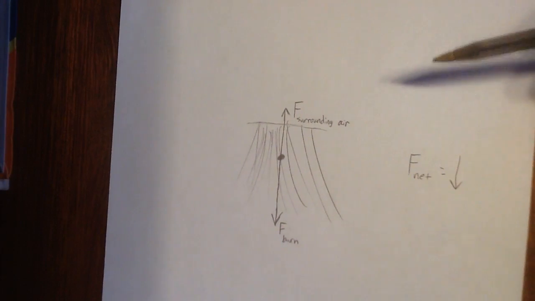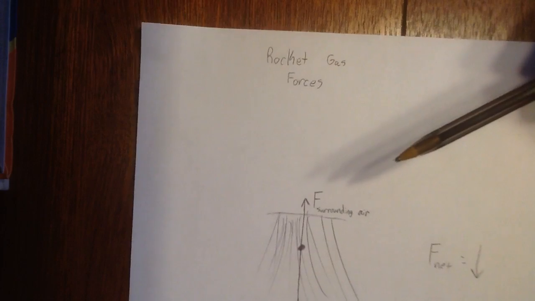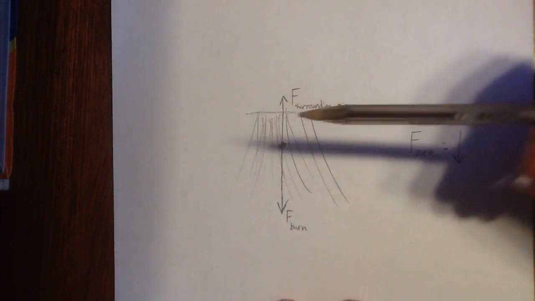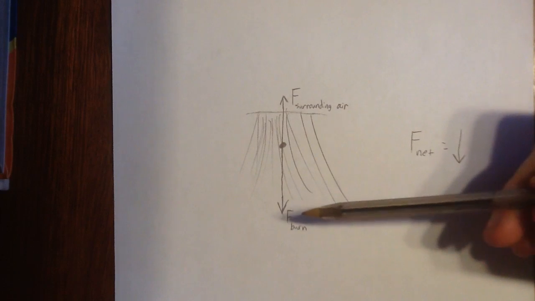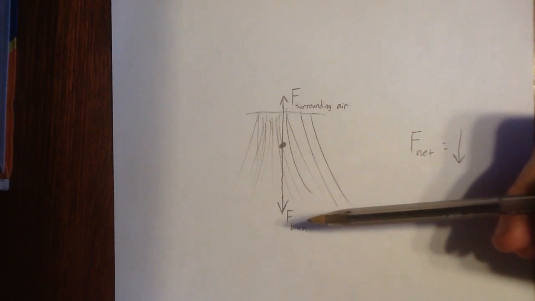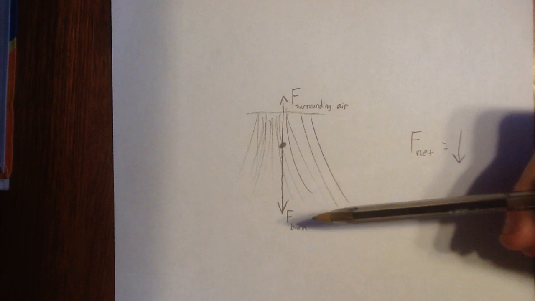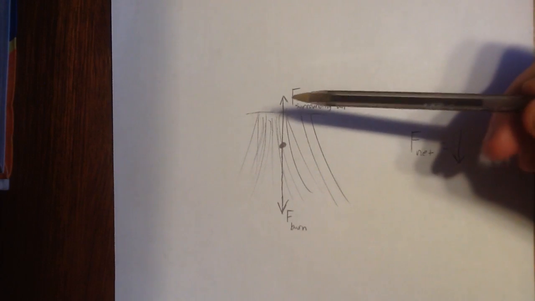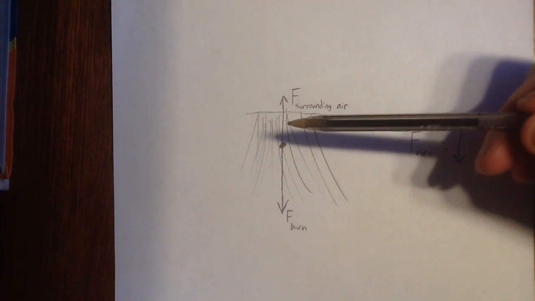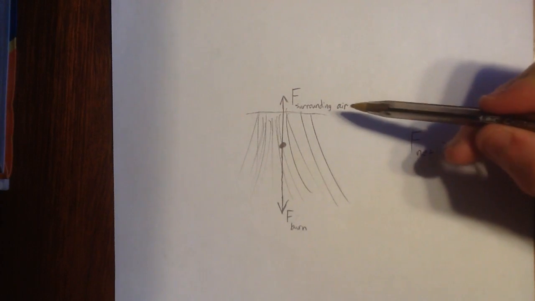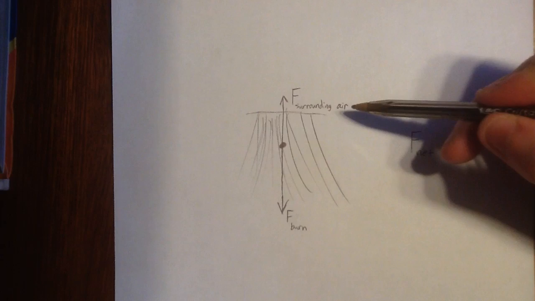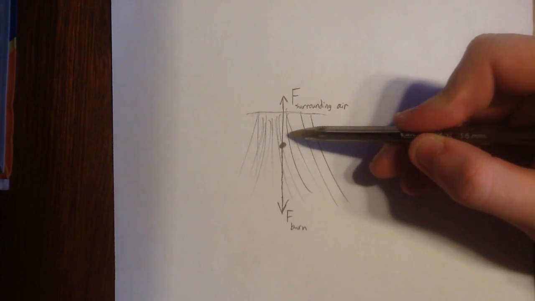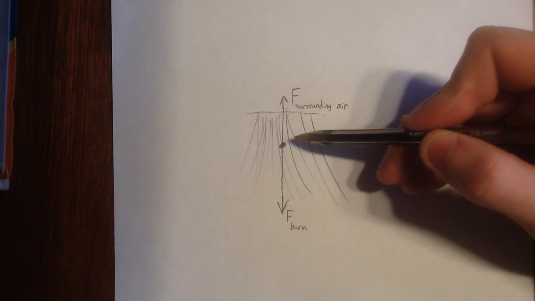So this is the gas coming out of the bottom of the rocket. Here we have the force of the burn, which is the expanding gases propelling out the bottom. And then up here we have the surrounding air, which will be slowing down this air. I should say the surrounding air is stable and not moving very quickly compared to the air coming out of the rocket.